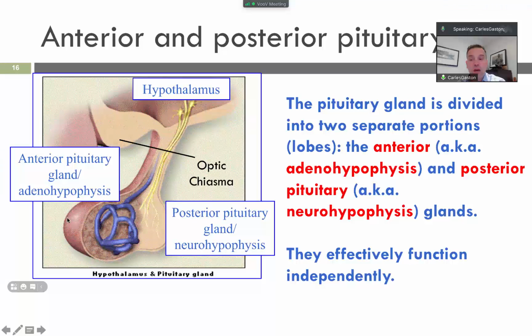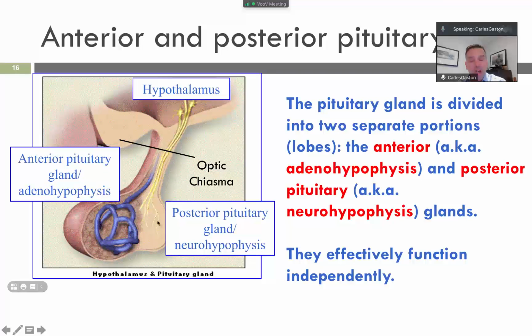That's why it's called adenohypophysis. The posterior part is an extension of the brain, contains axons from the hypothalamus and terminal nerves that will secrete two hormones, oxytocin and vasopressin, or antidiuretic hormone.